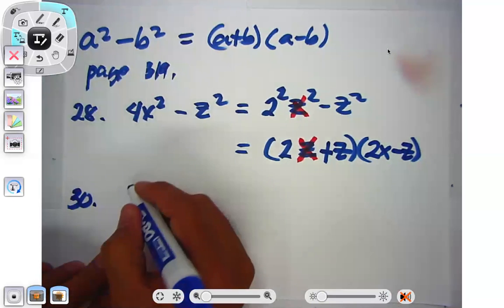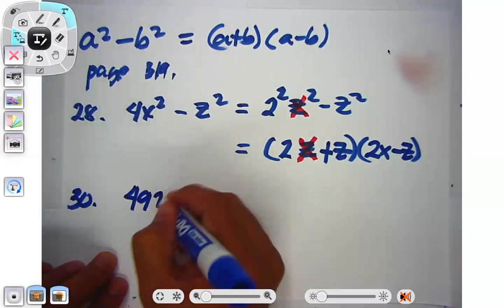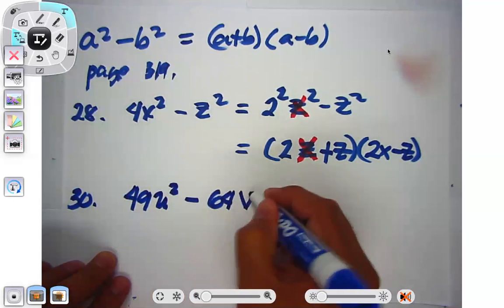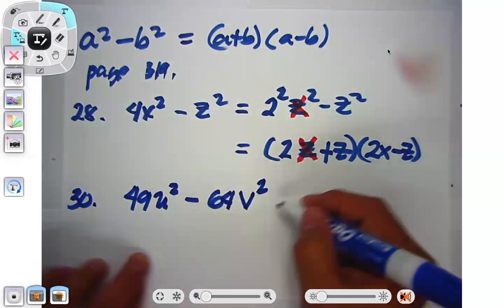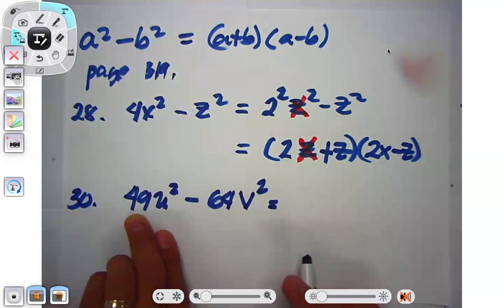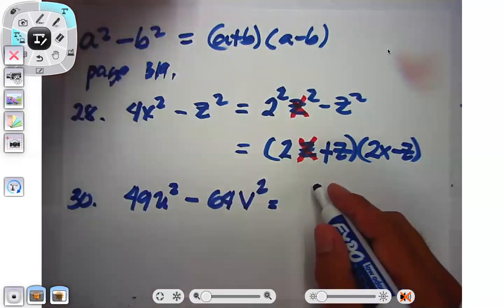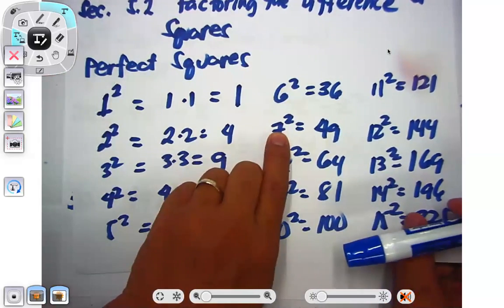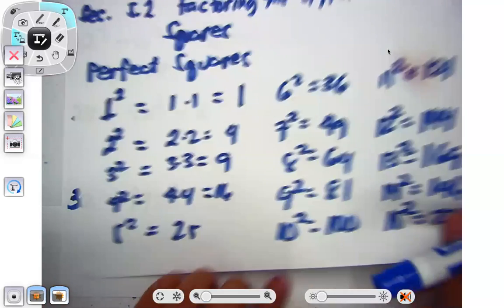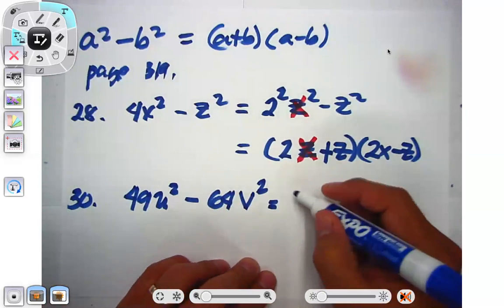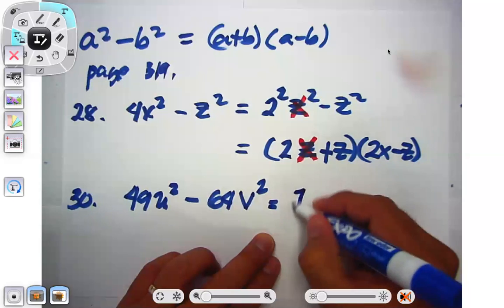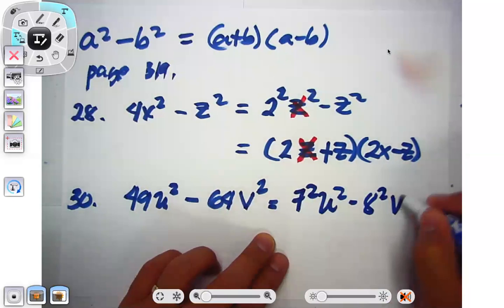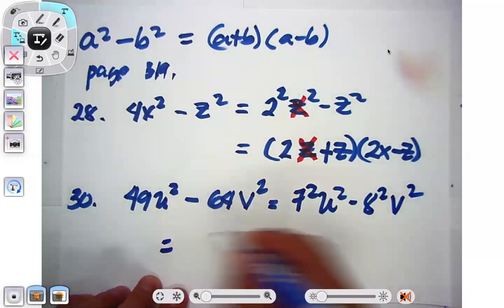How about number 30? You have 49u squared minus 64v squared. Let's rewrite 49 first and 64. 49 is the same as 7 squared, right? And 64 is the same as 8 squared. So we have 7 squared u squared minus 8 squared v squared. And we can write the factors.